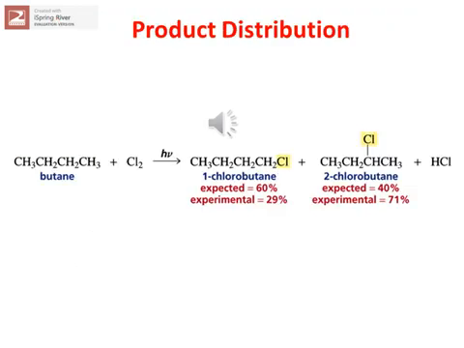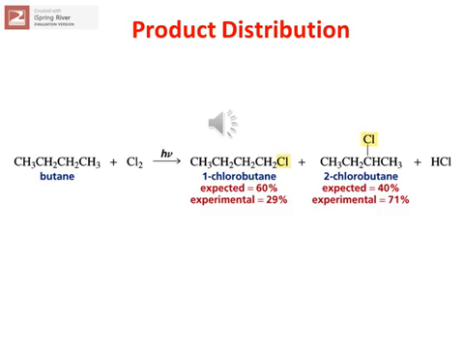If only one of the hydrogen atoms gets substituted, it is called monosubstitution. Just to show that things are not always as straightforward as they seem, let us consider the chlorination of butane.